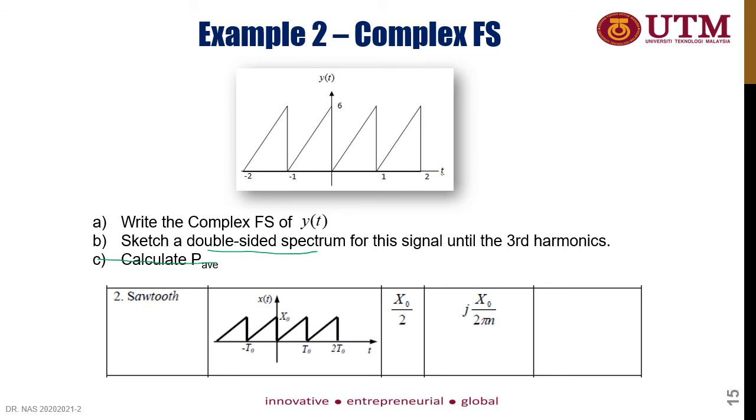Okay, so first step, always refer to the table. Look at the more or less similar shape and identify what is the x naught and then T naught and then C naught and also Cn, and don't forget the remarks.